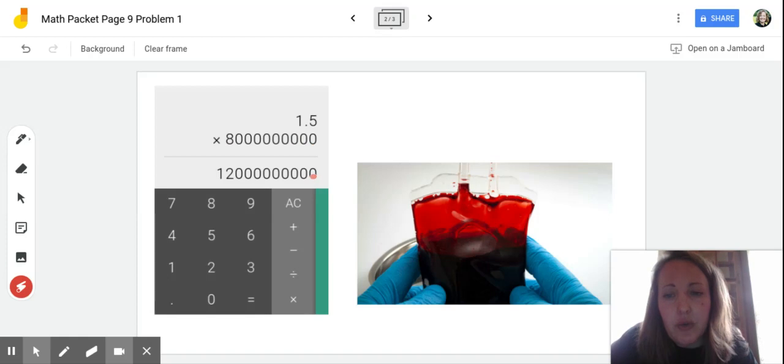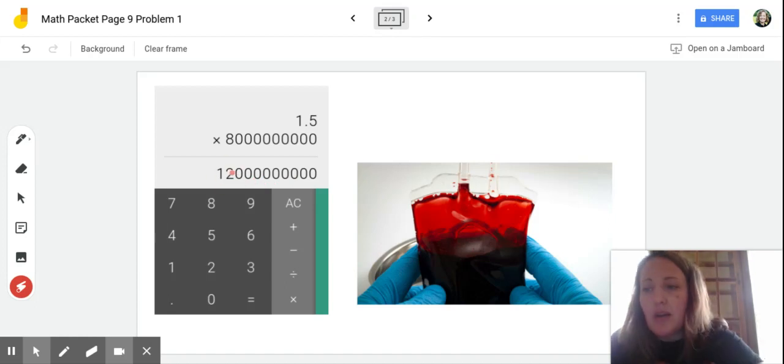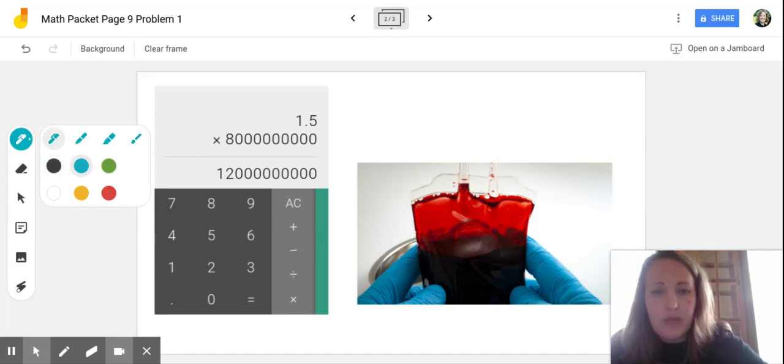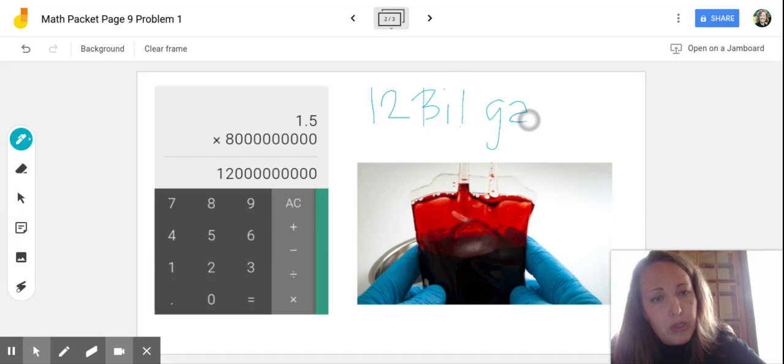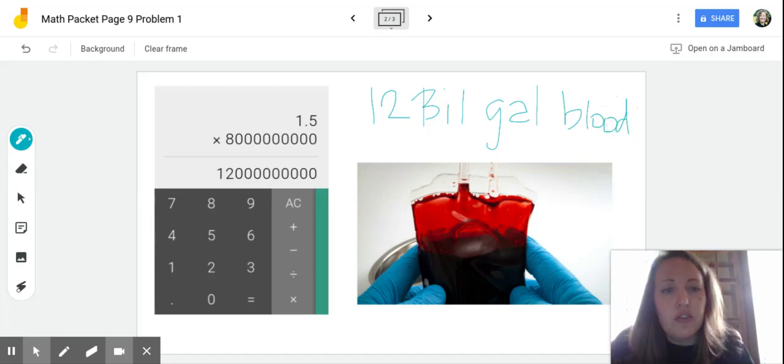And I got 12 billion, right? I'm just going to write that here so you can see it a little bit better. 12 billion what? Gallons, billion gallons of blood. I should have written this in red, huh? 12 billion gallons of blood in the world.